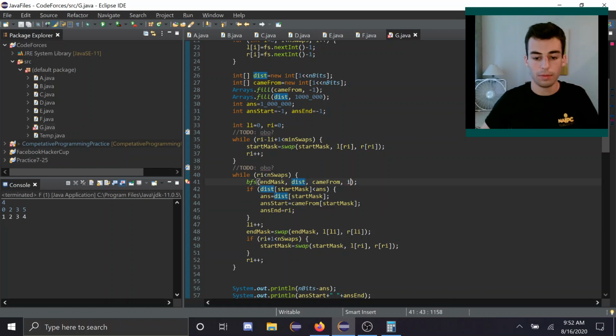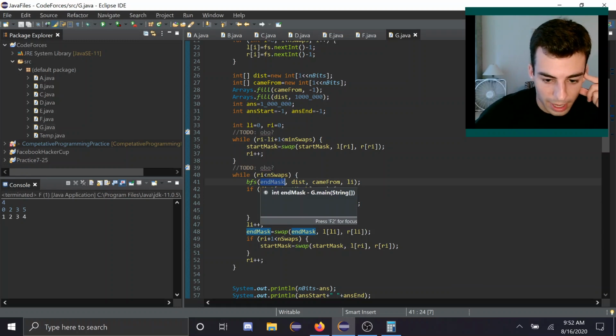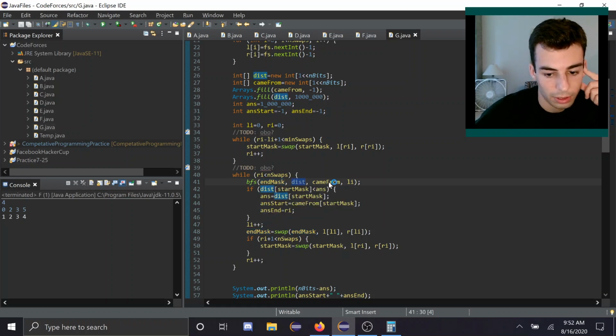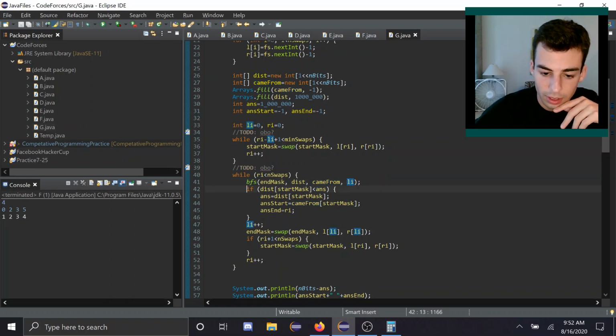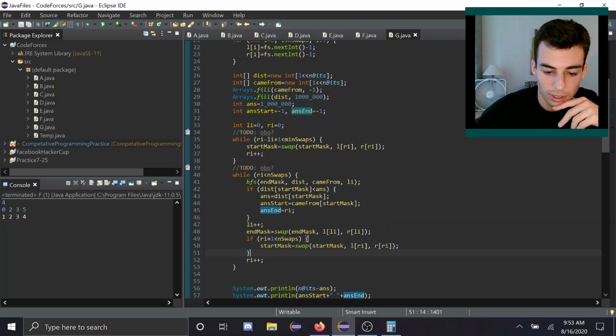So come from the left index. BFS from the end mask, distance to everything, where each thing comes from, and coming from the current left index. If it's a new best, store it, otherwise increment your left index. Also increment your right index.